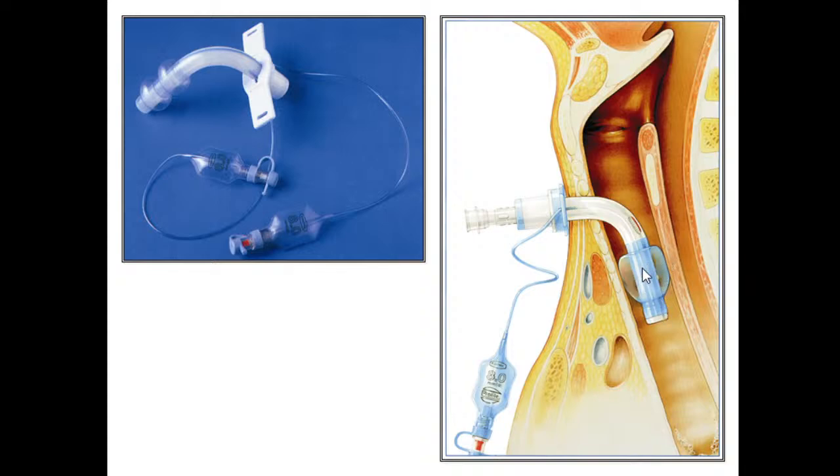If we have this cuff insufflated with air for a long time, this cuff presses on the walls of the trachea and may lead to chronic inflammation of the mucus, and then it may progress to scar tissue formation and stenosis of the trachea.